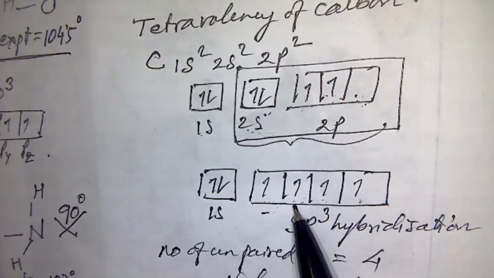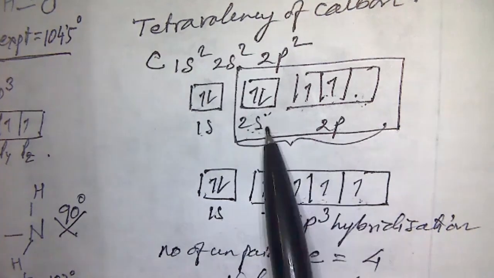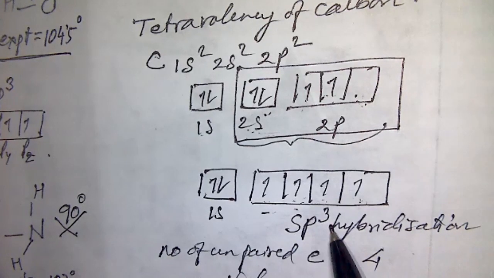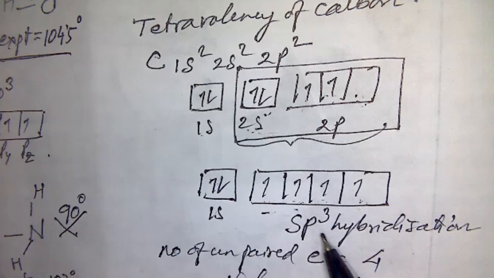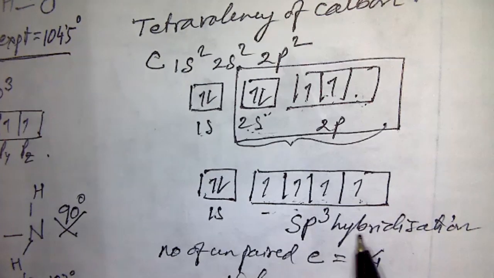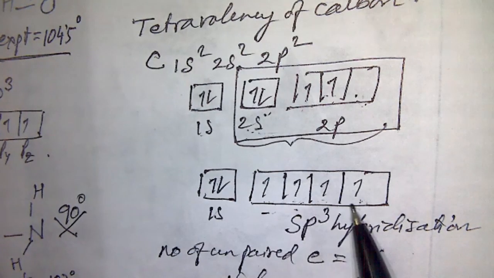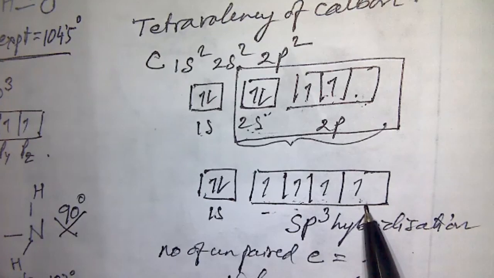So they are forming 4 hybrid orbitals. It's formed by the combination of one of the s and 3 of the p's. So it is called sp3. From the name itself, you know, one s is there and 3 p's are there. So sp3 hybridization. Clear? In this case, all these 4 orbitals which are formed are exactly identical.